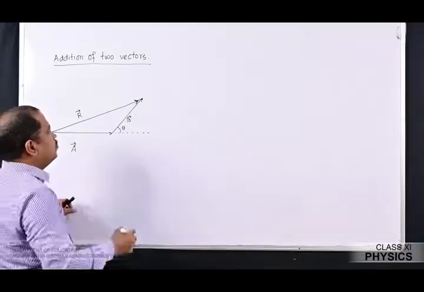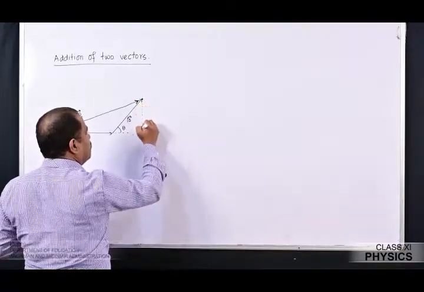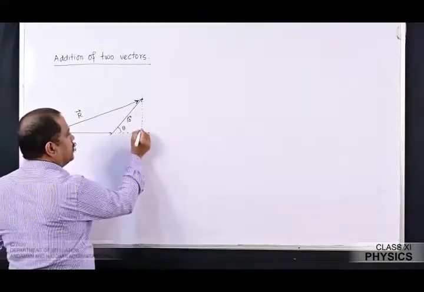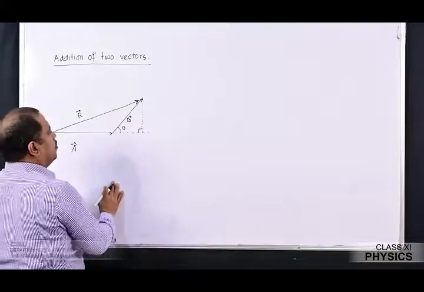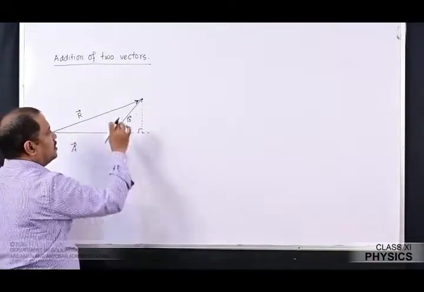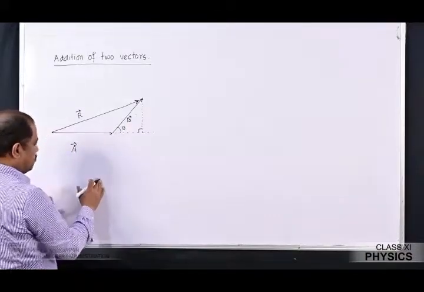Now to find the analytical formula, let me drop one perpendicular line like this onto this line. So this is perpendicular. Now this is vector A. I am not interested in direction first, only in magnitude.